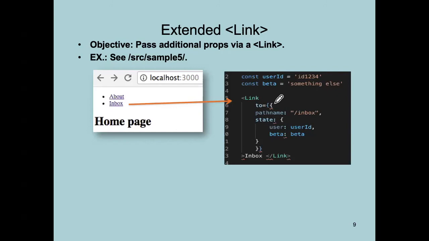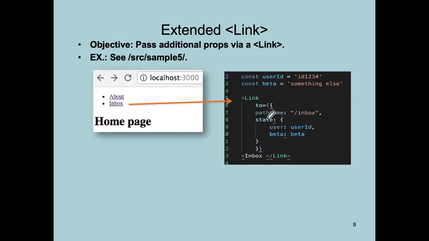The second curly brace is just the beginning of my object that I want to have passed as the to prop. So this object has a pathname key in it, and that contains the actual URL path that we want the browser to change to. So that's the same as before.